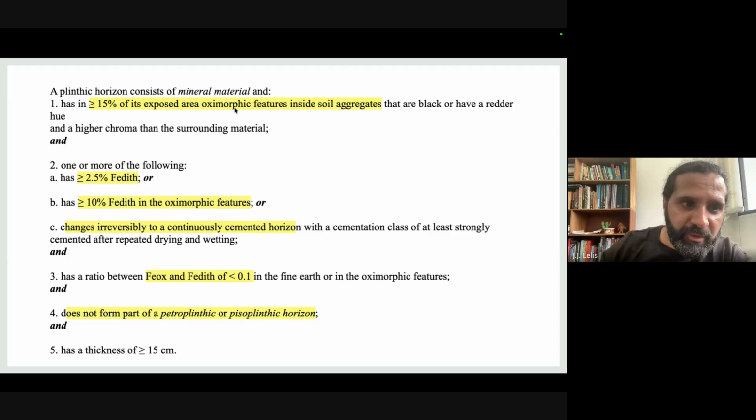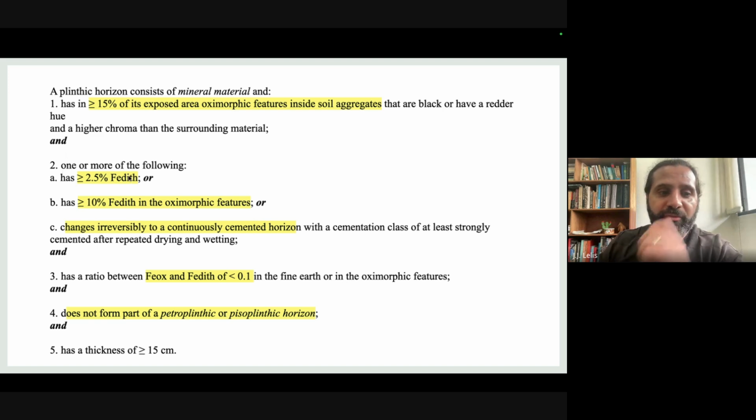Expressing what we call oxymorphic features, features expressing oxidation of iron, okay, because of the fluctuation of the water table level, okay? And it should register one or more of the following: a high content of iron, total iron, okay, so at least 2.5% of the iron extracted by citrate, bicarbonate, dithionite, and it should register 10% or more of iron in the oxymorphic features.